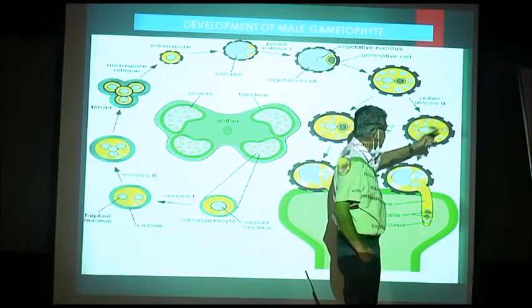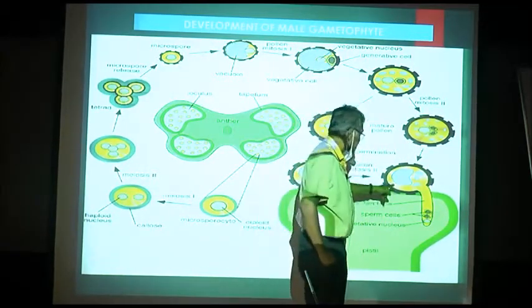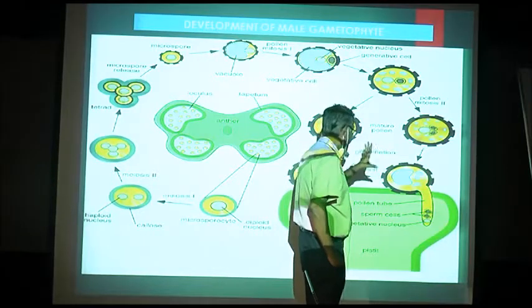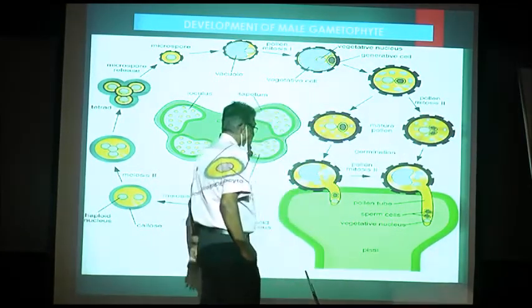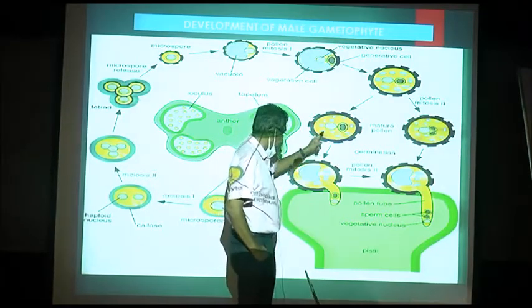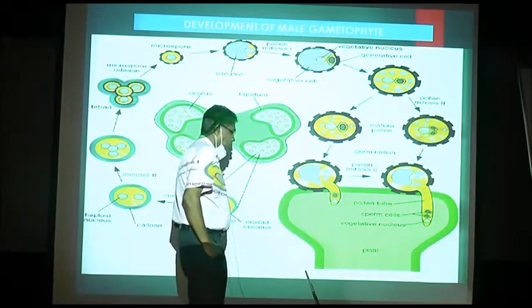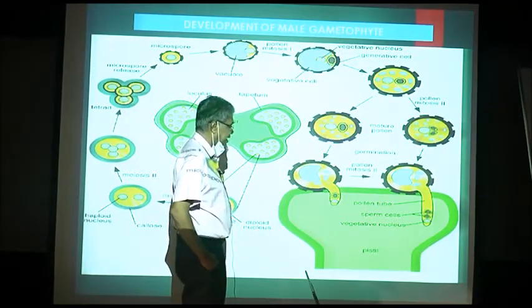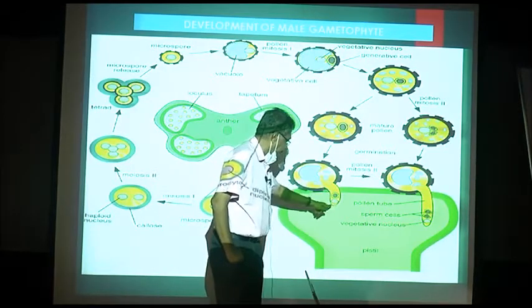These are the male gametes, and the vegetative nucleus is now called the tube nucleus, which moves into the pollen tube.